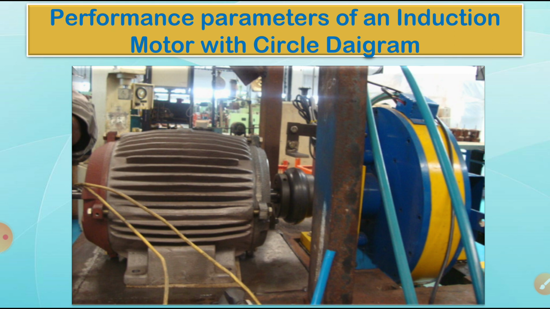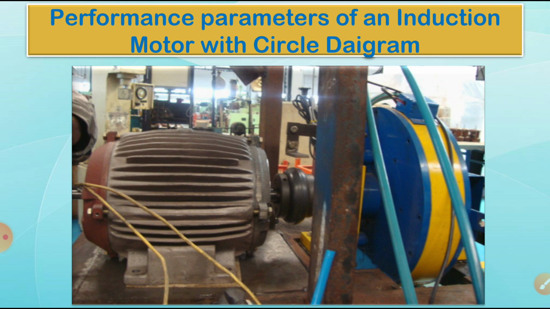Already we have seen in previous classes. The applied voltage, the input voltage V1, is drawn vertically, so all vertical distances represent the power components of currents. For example, the no load current is this, from 0 to A, at an angle of phi 0.